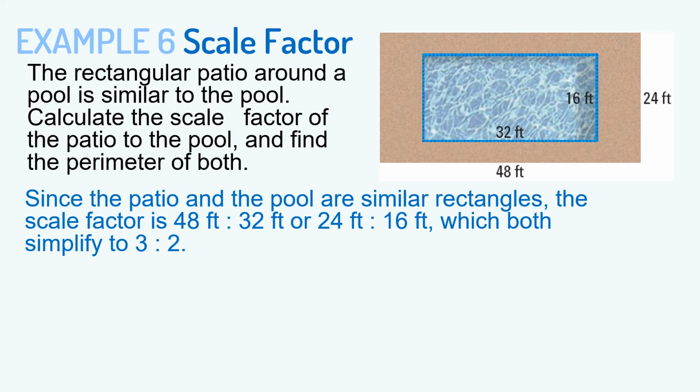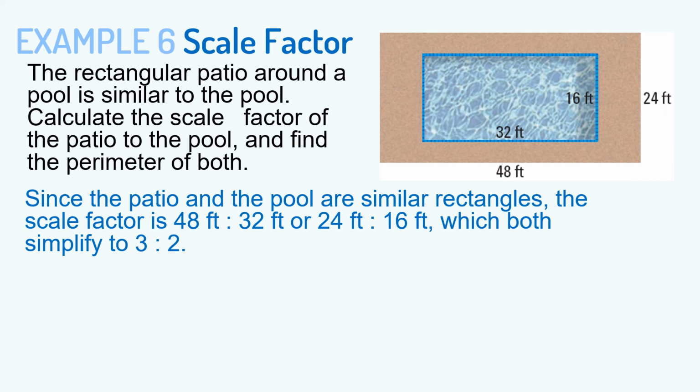It would be 48 feet compared with 32 feet. The notation that we're using here is a colon notation, 48 feet to 32 feet. That is equivalent to writing 48 feet over 32 feet. Or using the width, 24 feet over 16 feet.